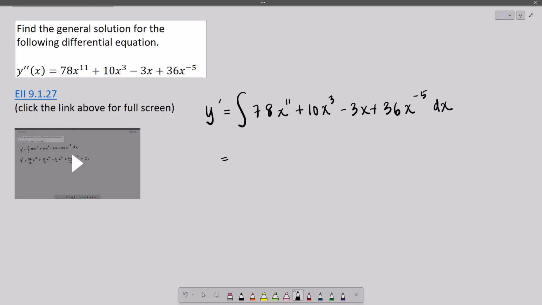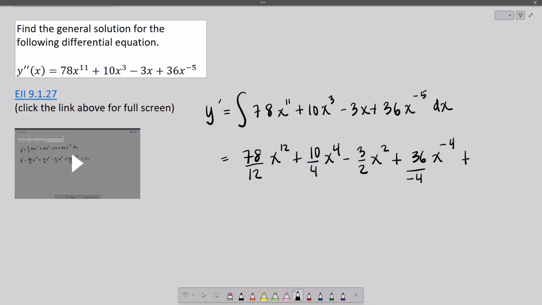And now we just use our power rule. So we're going to have x to the 12 over 12. And then here we're going to have x to the 4 over 4. Here we're going to have x to the 2 over 2. Here we're going to have x to the -4 divided by -4.